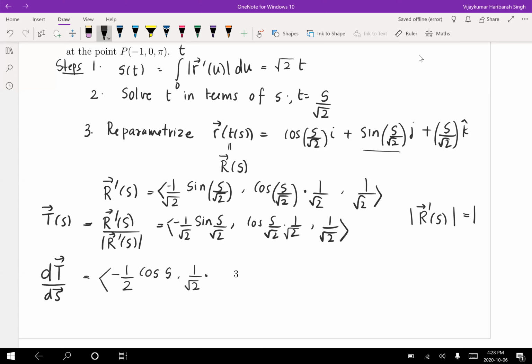Derivative of cosine is minus sine, so minus sine s by square root of 2 multiplied by 1 by root 2, and then the derivative of this is going to be 0.